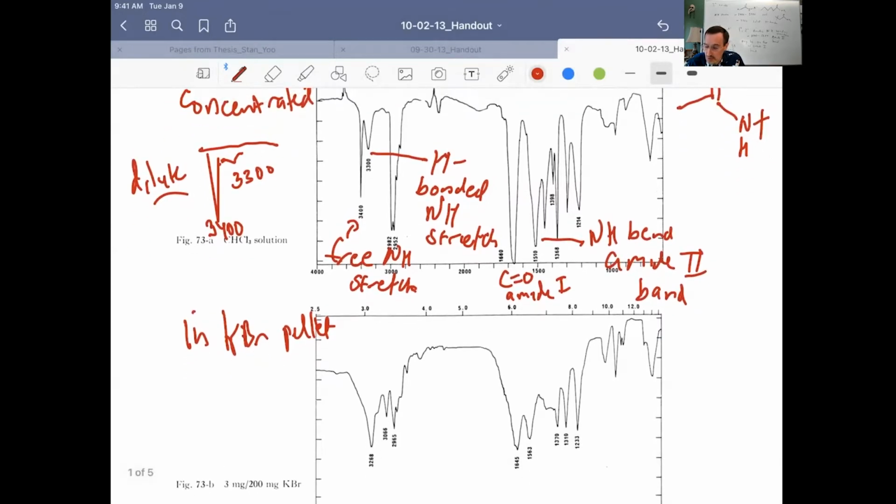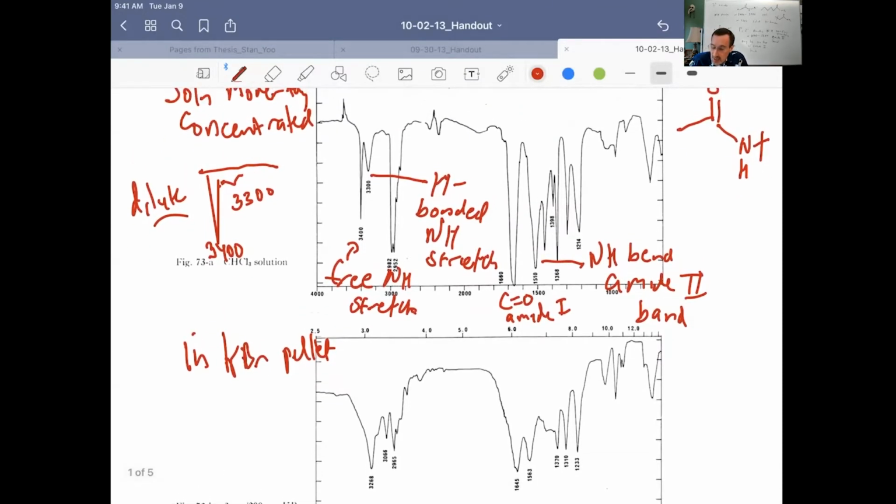And then in a KBr pellet, where you basically have tiny crystals of your compound interspersed with potassium bromide as a matrix, now you see primarily your hydrogen bonded NH stretch. And here again is our carbonyl. And here's our NH bend.